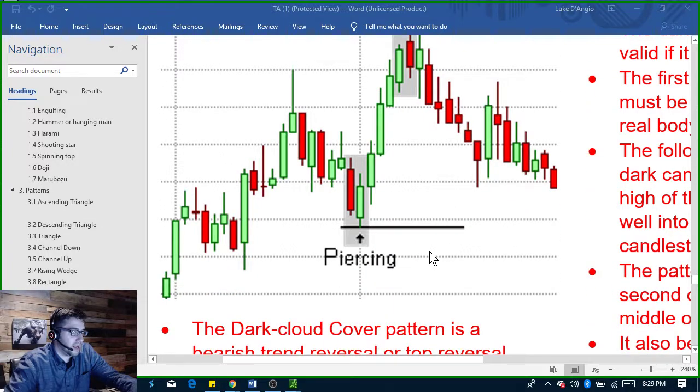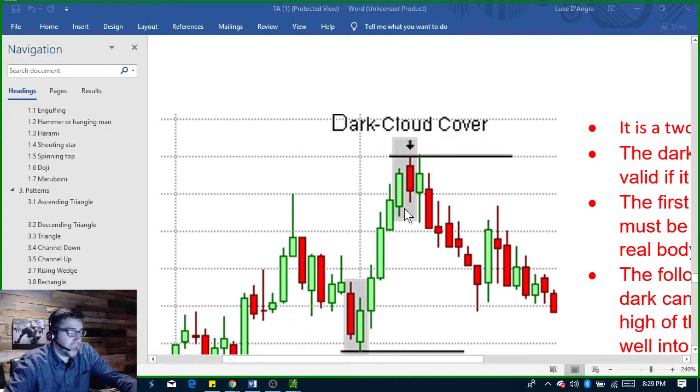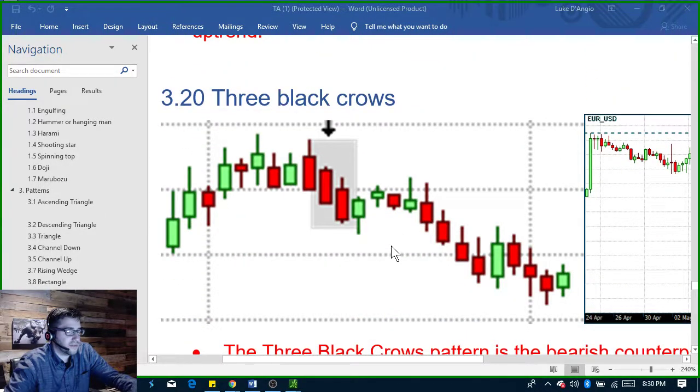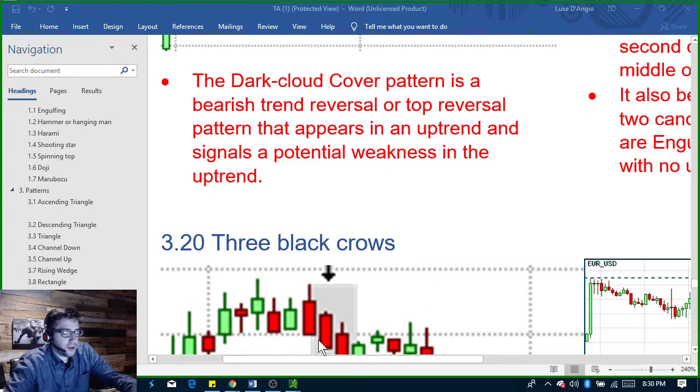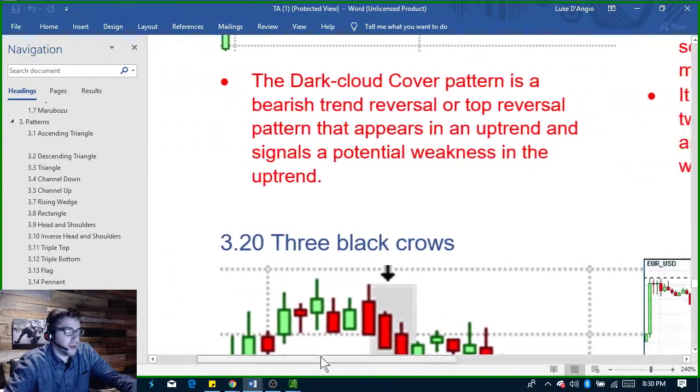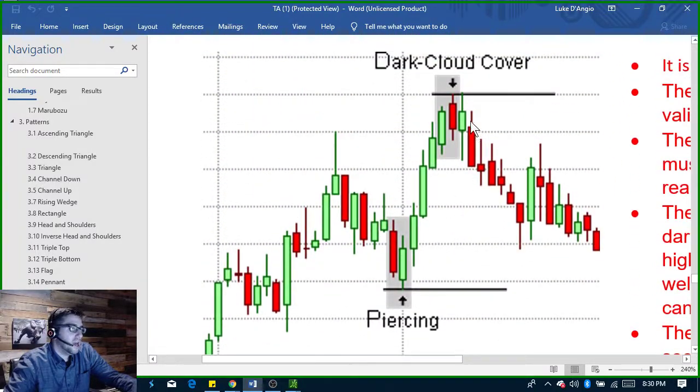And a spring is a candle. It's usually, I'm trying to see if I can find it somewhere else, but I can't right now. But a spring is basically the first red candle to pass the previous green candle. So here's the previous green candle. This is the spring. It passed it.